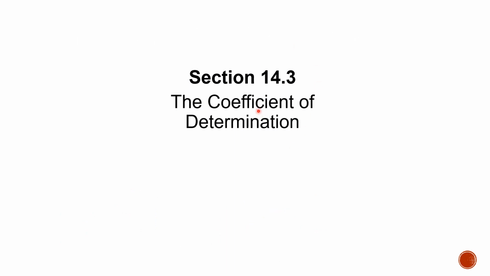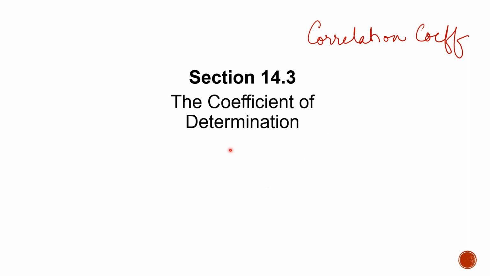Now in section 3 of chapter 14, we are going to talk about the coefficient of determination and another coefficient in chapter 14.4, which is going to be called the correlation coefficient. So these are two additional measurements done on the regression equation.